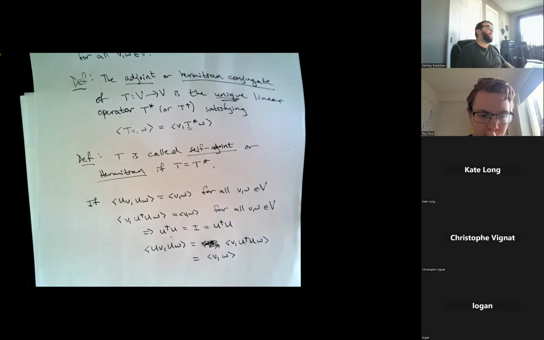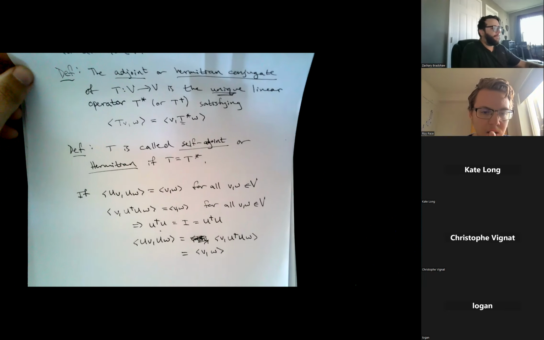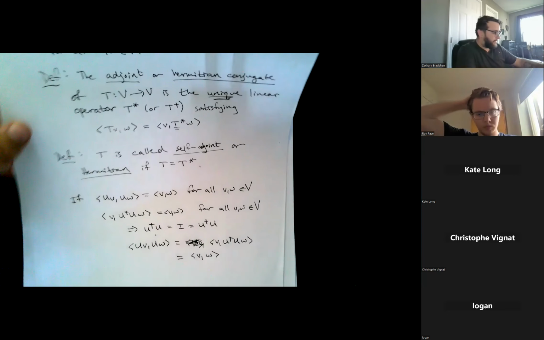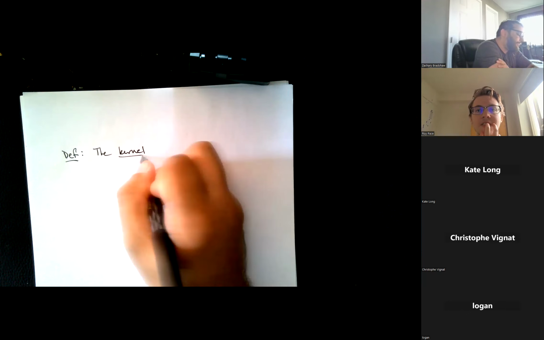Okay, so at this point, I have to tell you about some important concepts coming from linear algebra, and then we'll be done. We can finally move on to representation theory. Okay, so first thing is the kernel of a linear map.